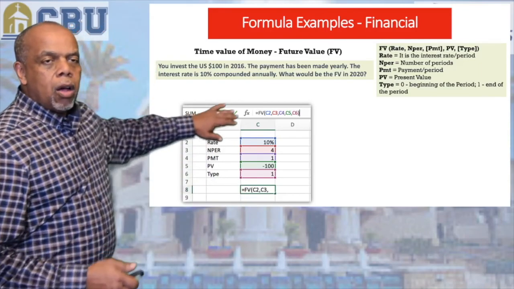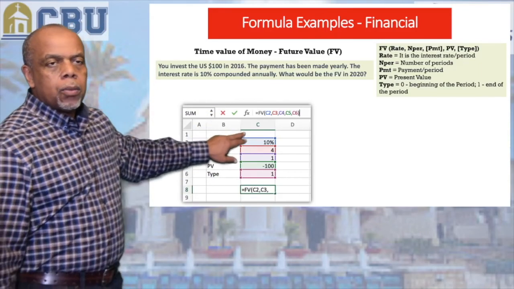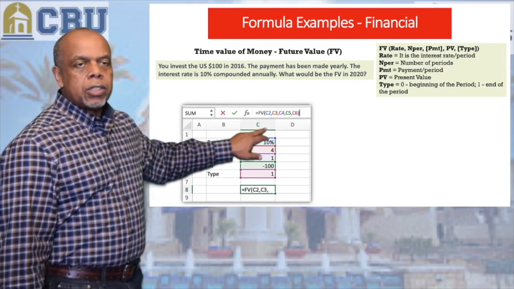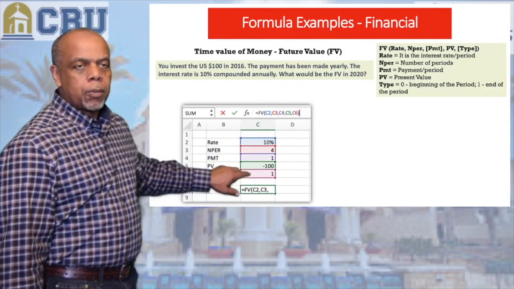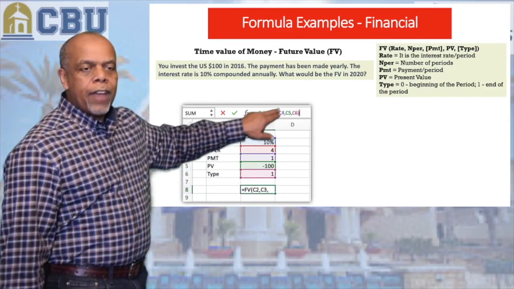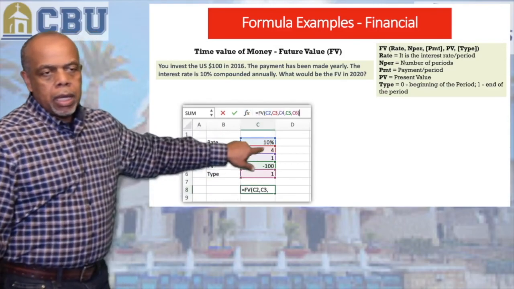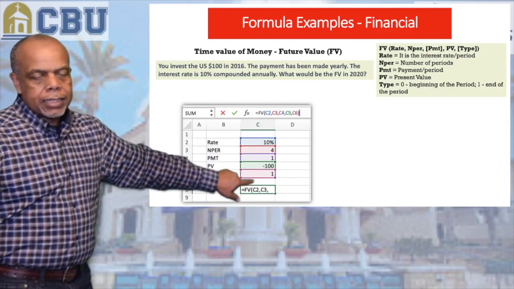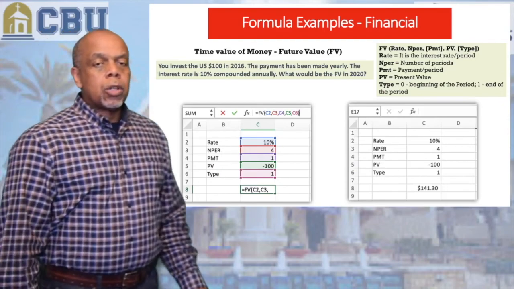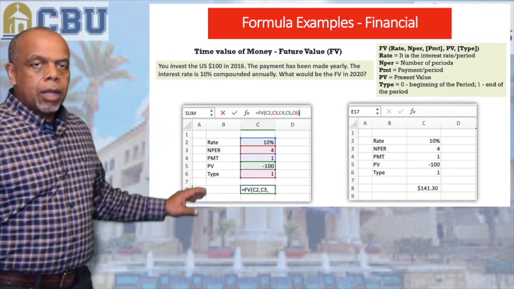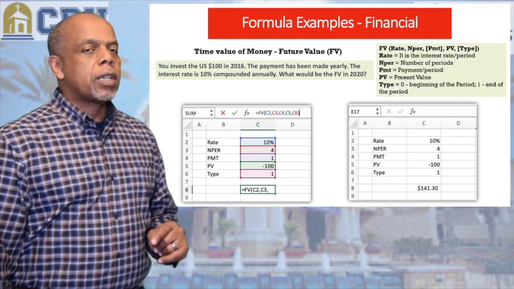So all I did with my formula was future value C2, C3, C4, C5, C6. Basically, each of those factors is being pulled from the data in the cells of this table. So now when I hit enter, guess what it gives me? $141.30.